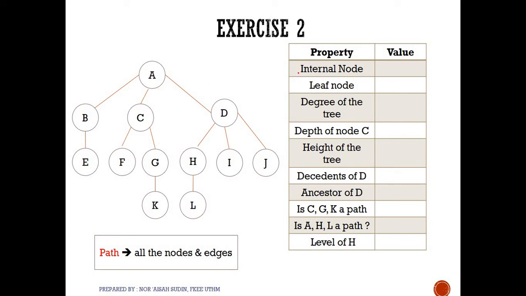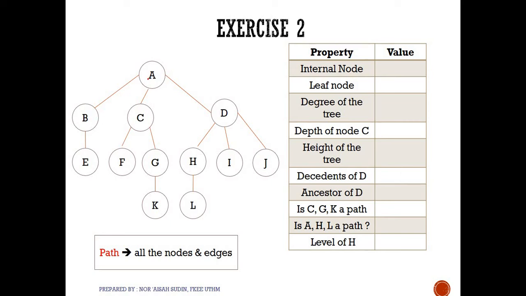The internal node is a node which has at least 1 child. So what is the answer for this internal node?